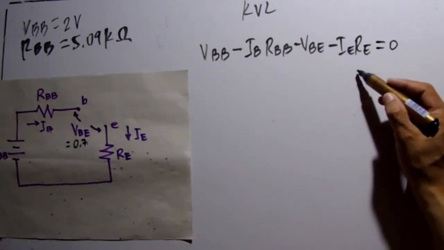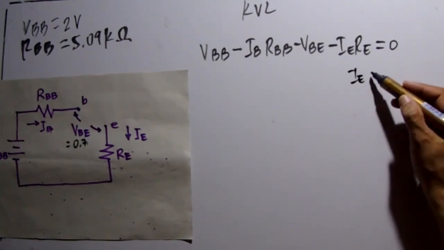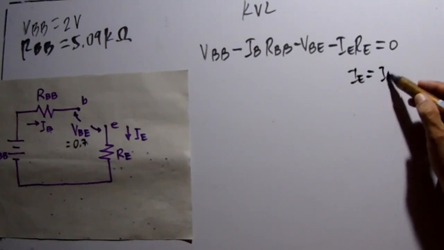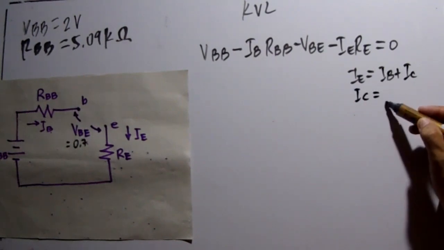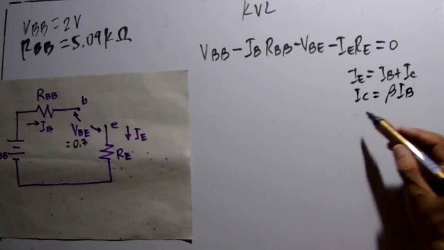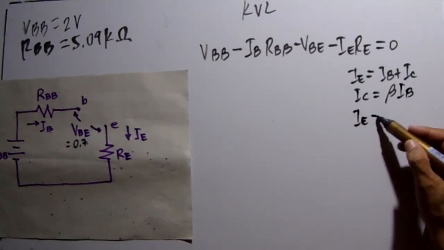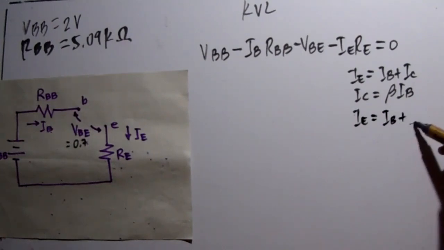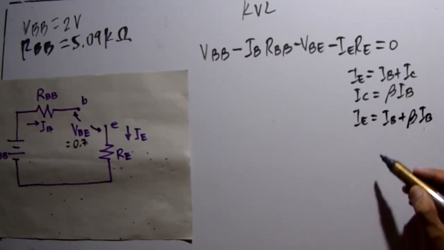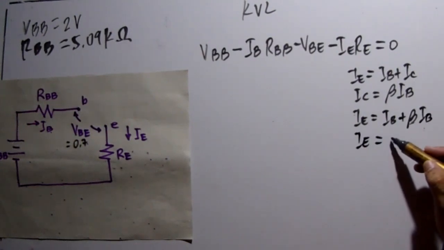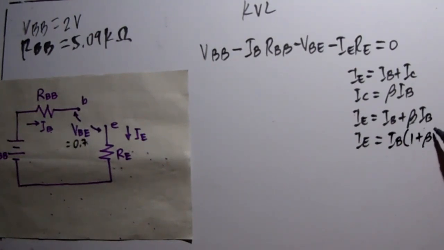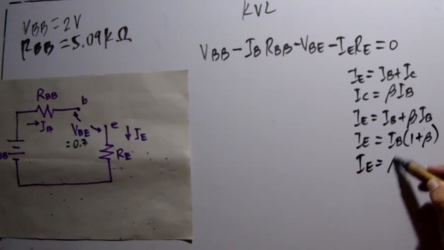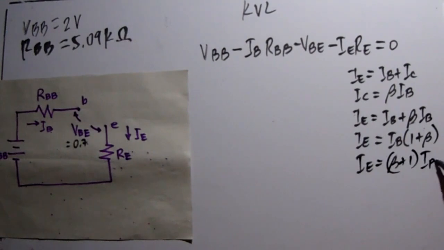But IE is equal to IB plus IC, and we know IC is equal to beta IB, so we have IE equal to IB plus beta IB, and if we factor out IB, we have IE equal to IB times 1 plus beta, or simply IE equal to beta plus 1 times IB.